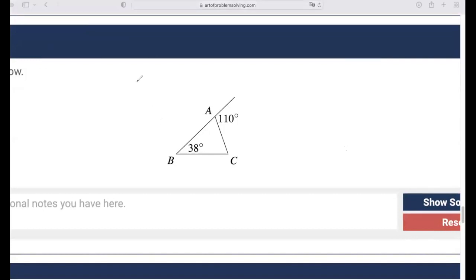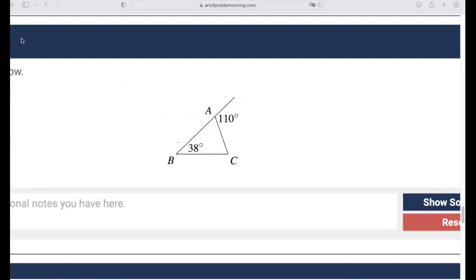The two interior angles add up to the exterior angle. So angle C equals 110 minus 38, which is 72. Yep.